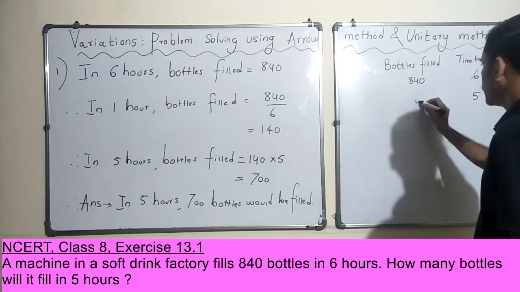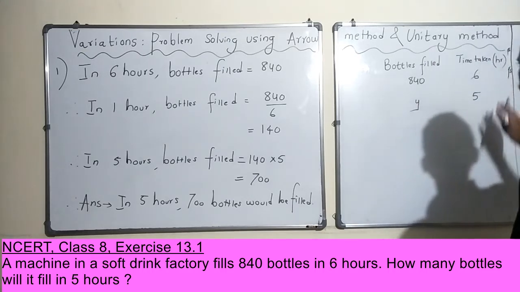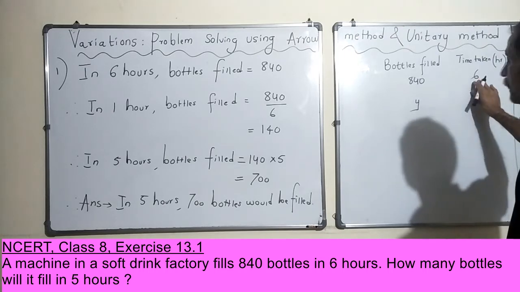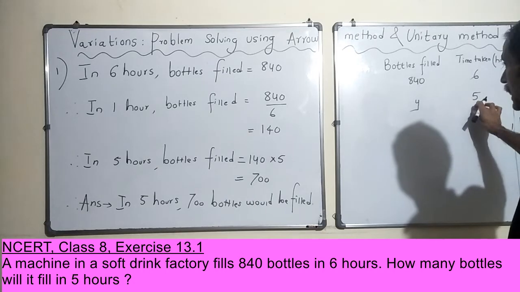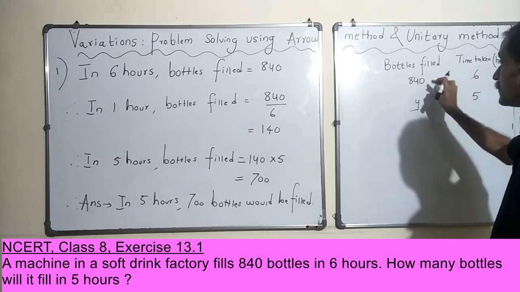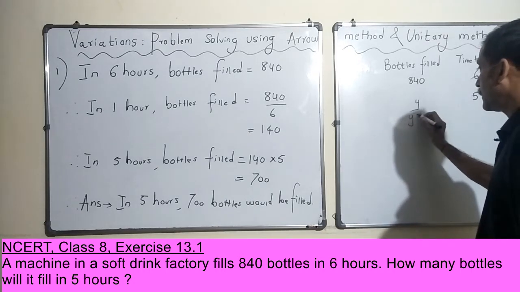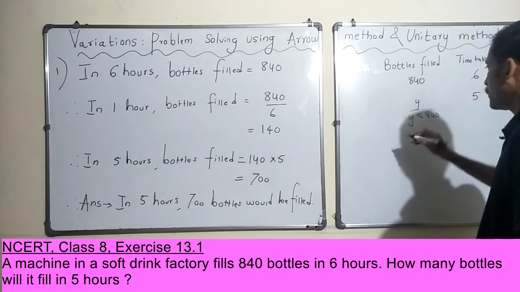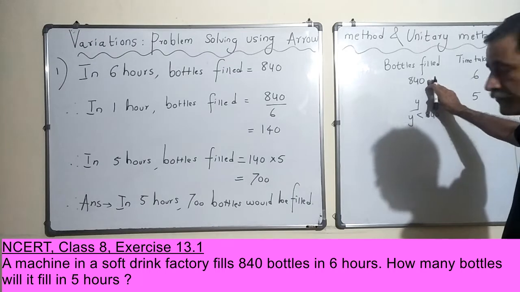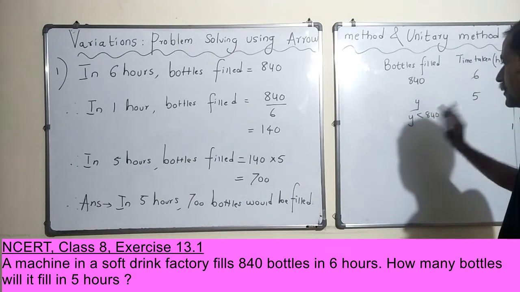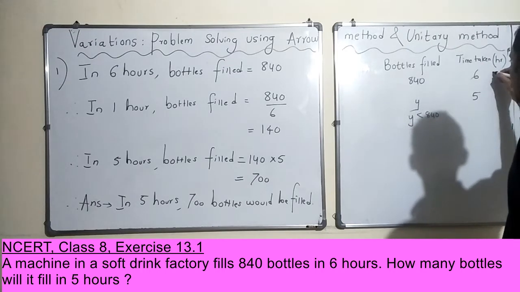Let's say this is y. Definitely if you are filling 840 bottles in 6 hours, in 5 hours you will fill fewer bottles than 840. So y is going to be less than 840. If you have less time, you will fill fewer bottles.